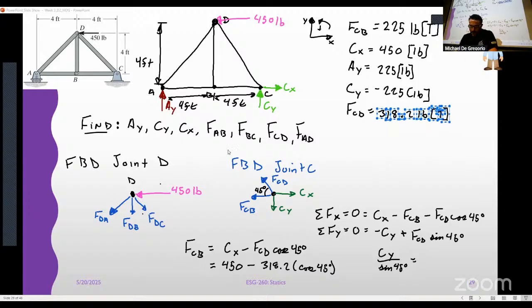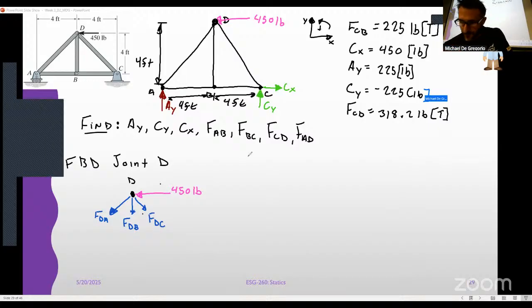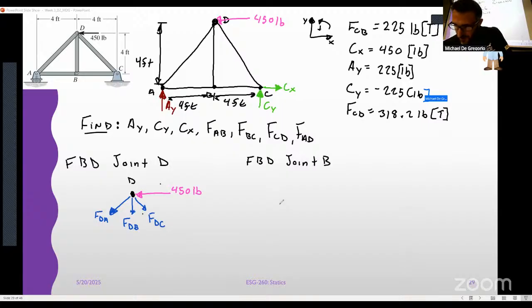So I'll get rid of this stuff now. I'm going to leave joint D there because we'll end up there eventually. But I want to show you something interesting that happens at joint B. So if I'm at joint B, I've got forces that occur this way, FBD, FBC, and FBA.